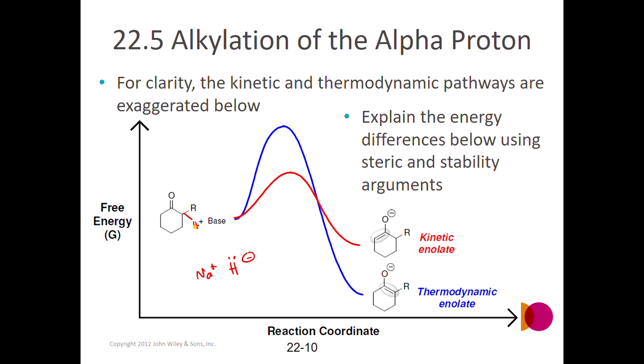So if it comes in to pick off this proton, being so small with no massive R groups, there's going to be very little steric hindrance that occurs there. So in that case, the other enolate is not going to be very high in energy during that collision, right? If there's no sterics during the collision, why would it be that much higher in energy? It wouldn't be. So that means when I use a much smaller base, it can still go for either proton.